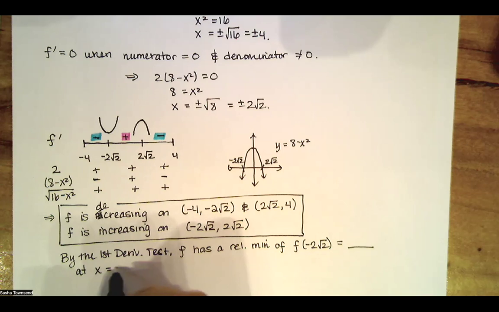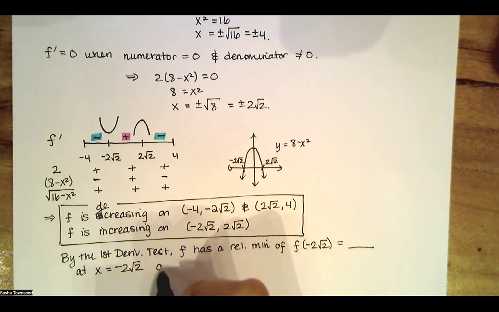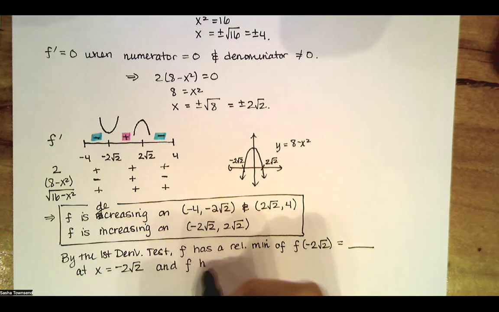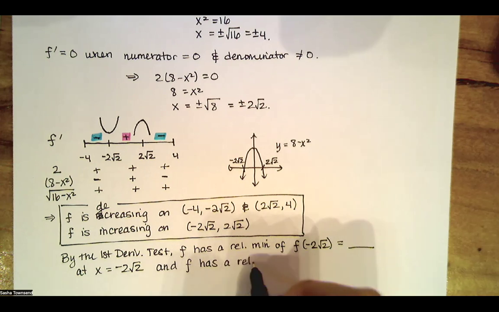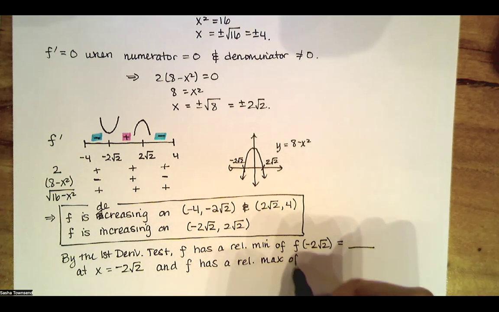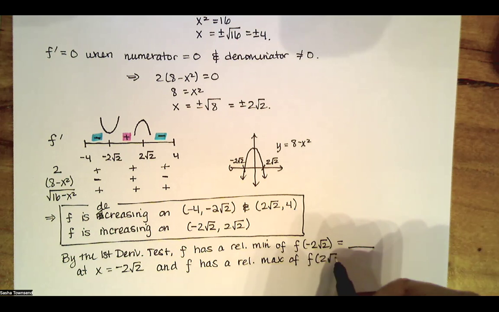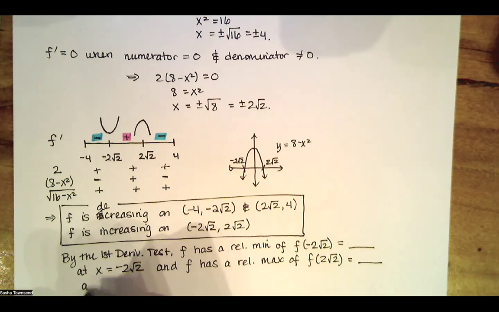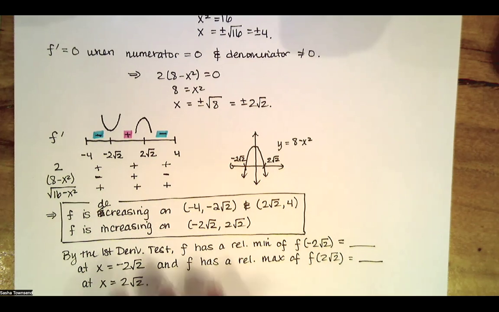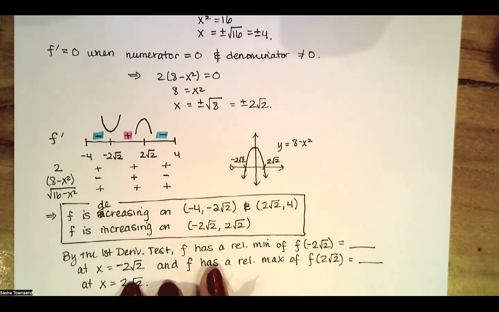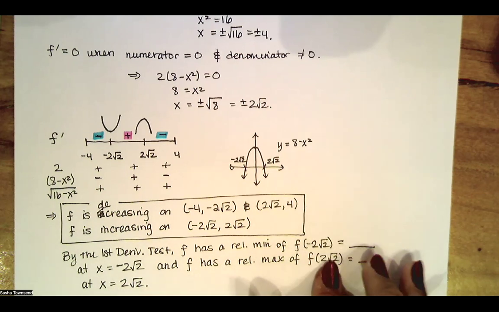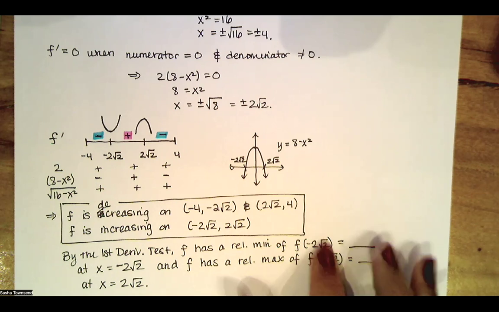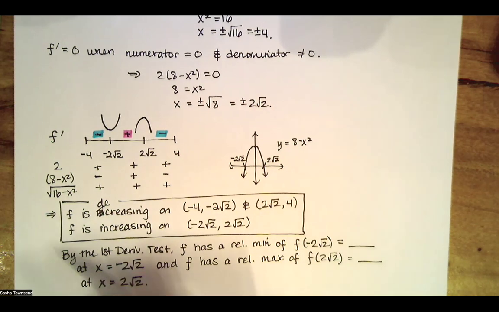At x equals negative 2 root 2, and f has a relative max of whatever that y value is at positive 2 root 2, at x equals positive 2 root 2. So these x values are the locations where the relative min and relative max occur, and then the y values are the relative minimum and relative maximum value of the function.